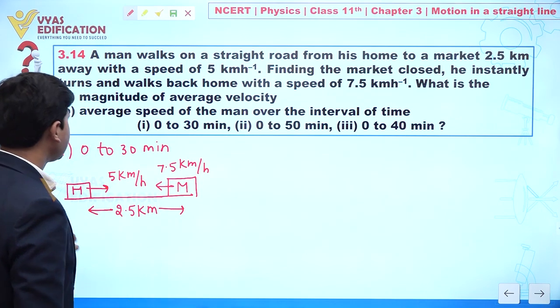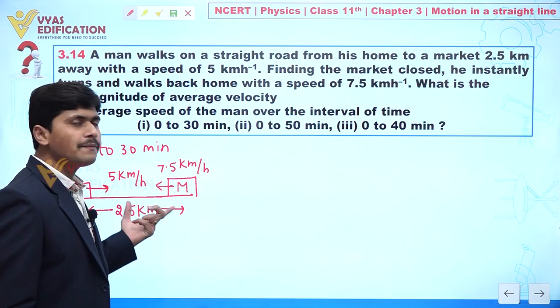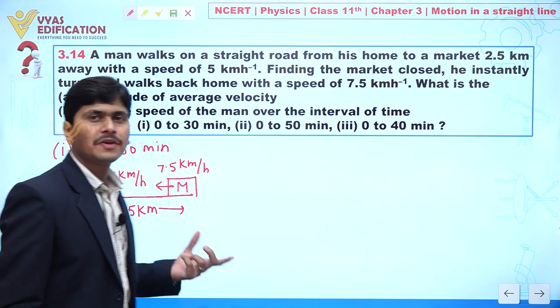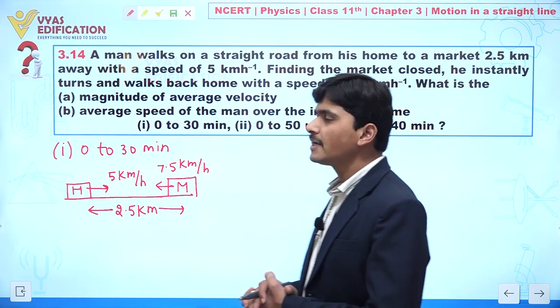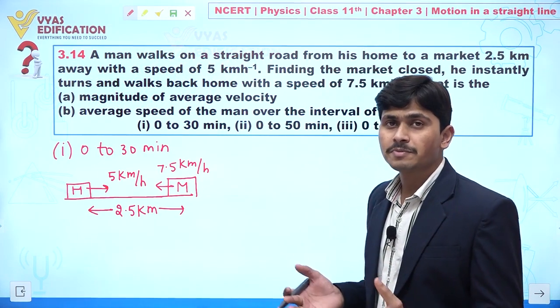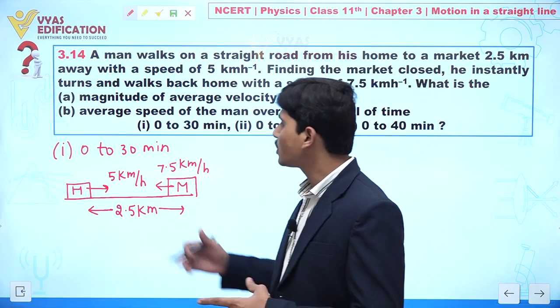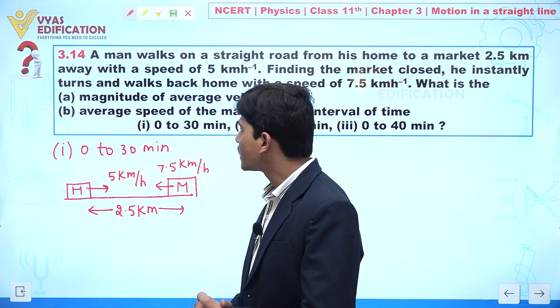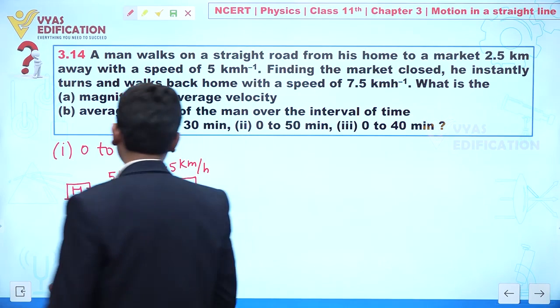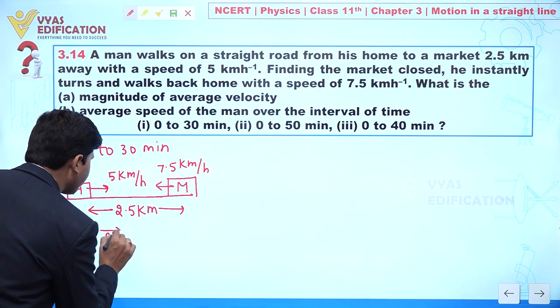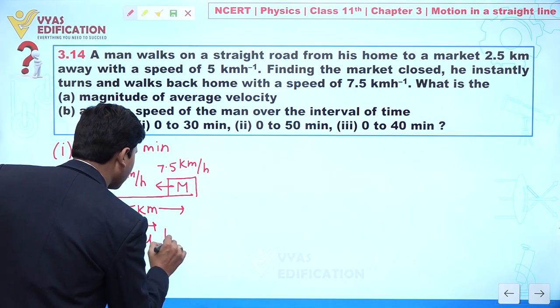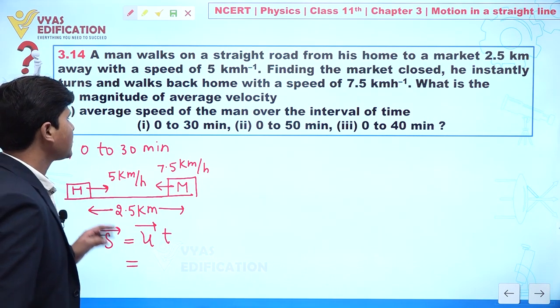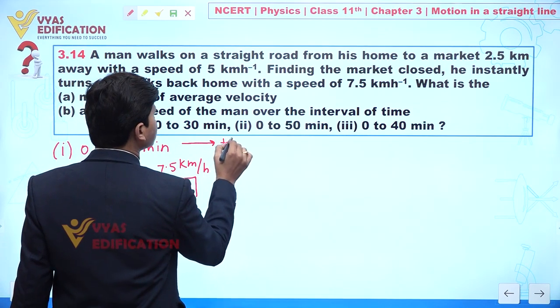Clear? So we have to calculate the magnitude of average velocity from 0 to 30 minutes. Now listen carefully. If a person starts his journey at 5 km per hour, can we find the total distance or displacement covered by the person in 30 minutes? Yes, we can calculate. Because this is a uniform speed, we can write S equal to U multiply T. Let's suppose I am taking this direction positive.